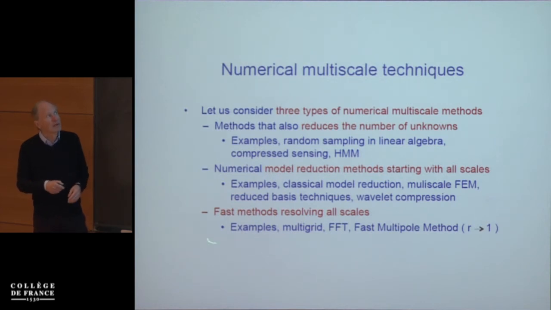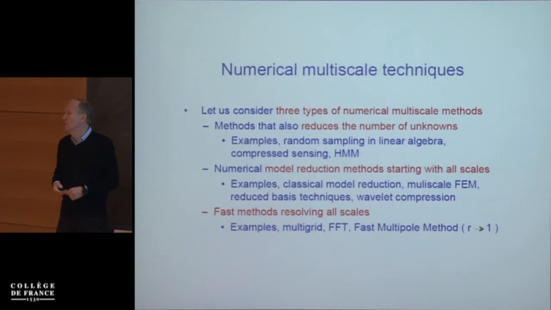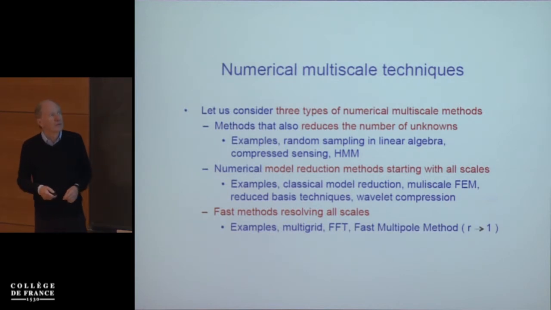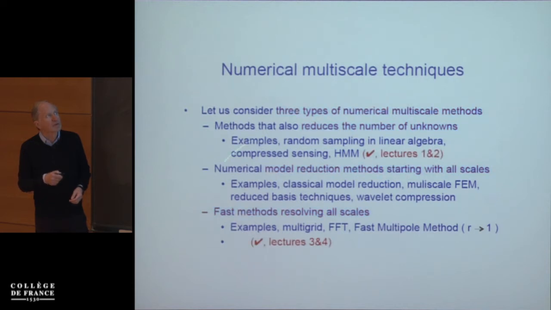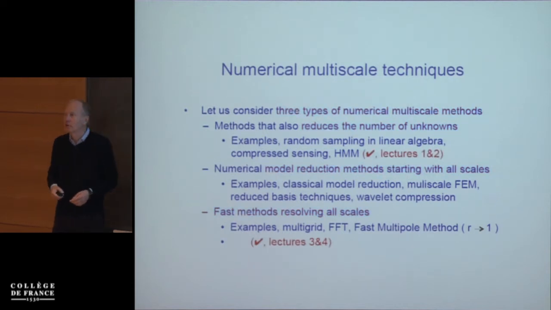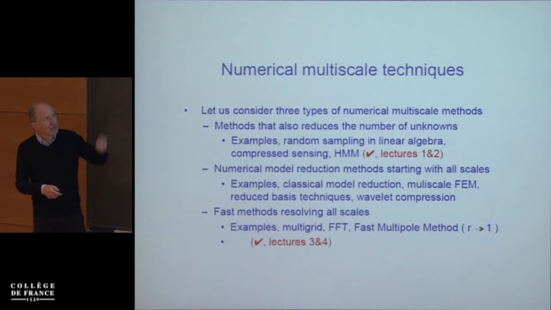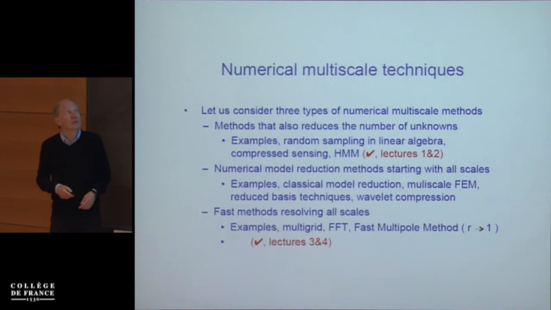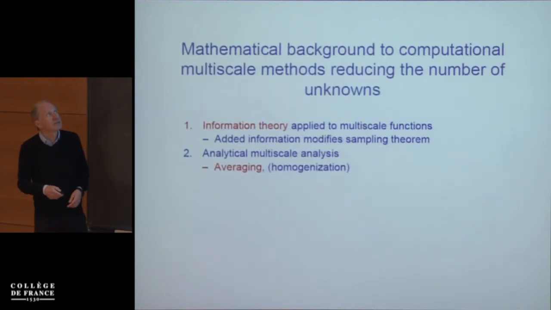We'll not talk about that, but we'll talk about fast methods where you attack the computational complexity rather than the number of degrees of freedom. So lectures 1 and 2 will deal with this part where we try to do shortcuts in the overall numerics, and then fast methods more or less in the last two lectures in the series.